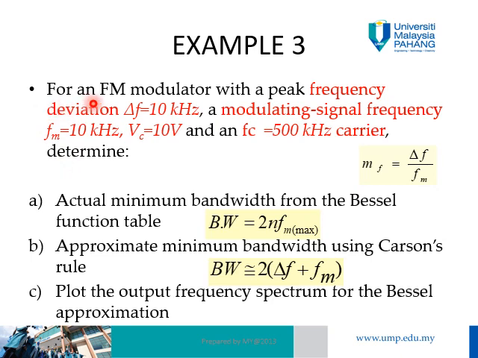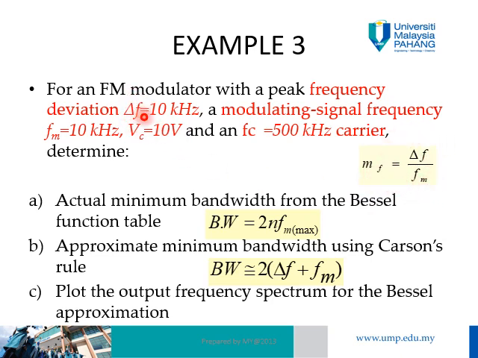Example 3. For an FM modulator with a peak frequency deviation delta F equal to 10 kHz, modulating signal frequency fm 10 kHz, Vc 10 volt, and fc 500 kHz carrier, determine the actual minimum bandwidth from the Bessel function table. So for the bandwidth from the Bessel function table, you need the value of the modulation index. The modulation index can be calculated from this equation, delta F over fm.